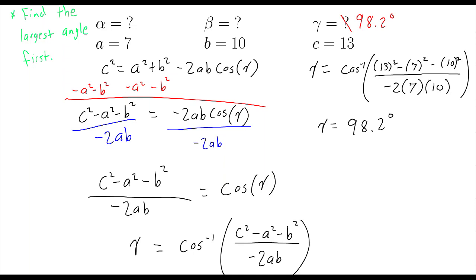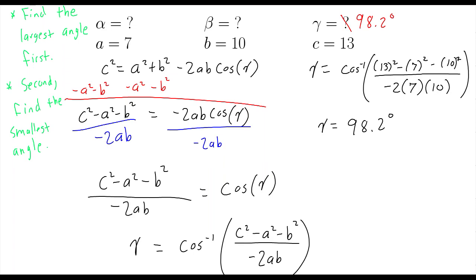Okay, so everything's fine here, but what I'm going to say is second. Let me say second. Find the smallest angle. Okay, again, this is just the strategy that I found works the best. Don't necessarily have to do it in this order.